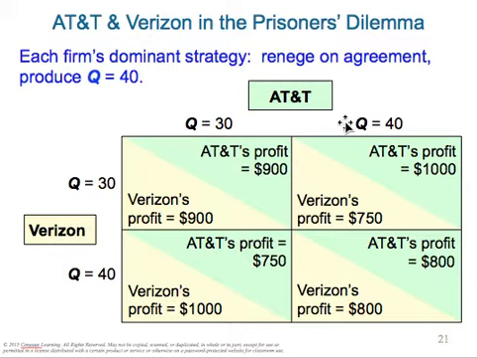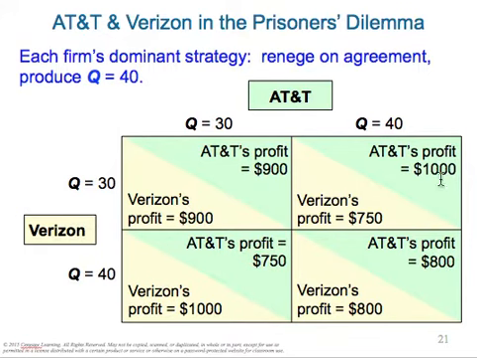All right. Flip the script. Let's go to AT&T. They're in the green payoffs. We're choosing between 30 and 40. So it means we're comparing this with this. What's better? Well, $1,000 is better than $900 by $100 in profit, and $800 is better than $750 by $50 in profit.